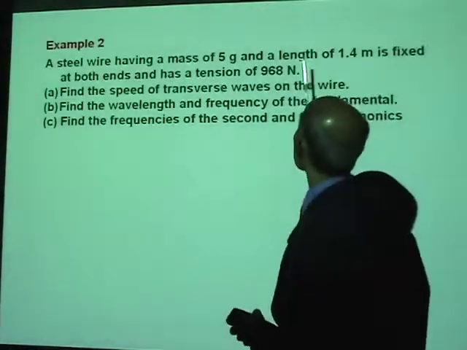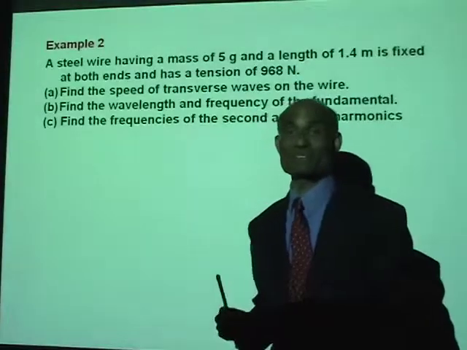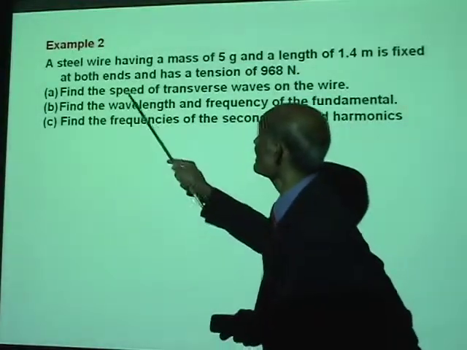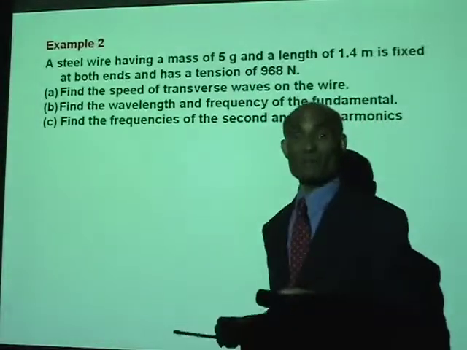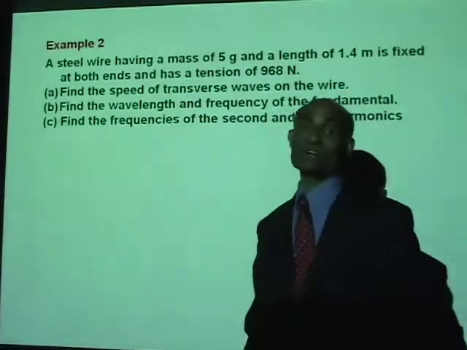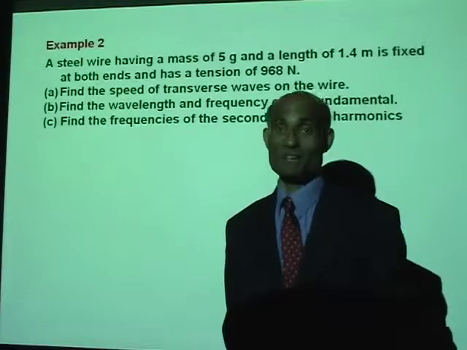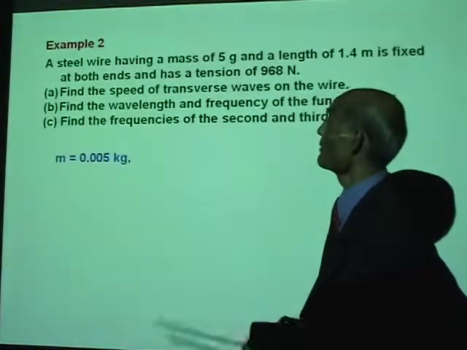Well, if you know the length, then you know the wavelength of the fundamental. Once you know the wavelength and the wave speed, we can calculate the frequency. Is that right? Find the frequencies of the second and third harmonic. I'll now leave it to you, I'm sure you can do them on your own.